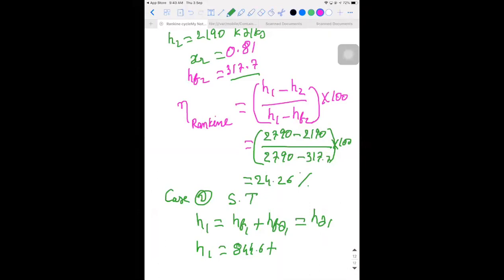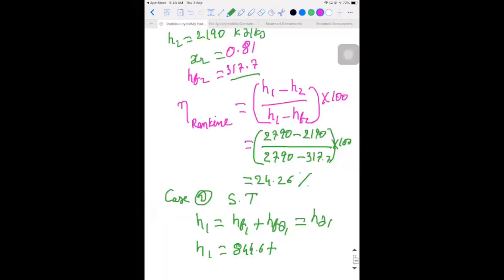1947.3. This is the value. 1947.3, and H1 is equal to the same.